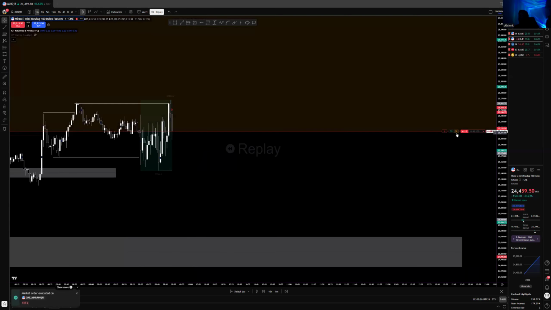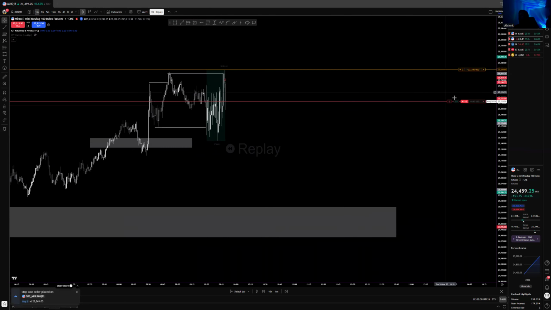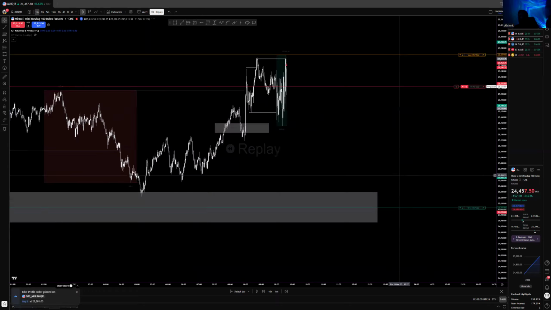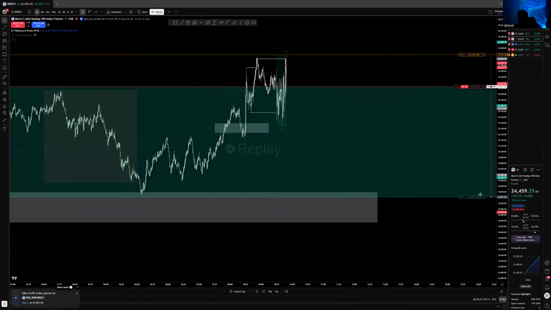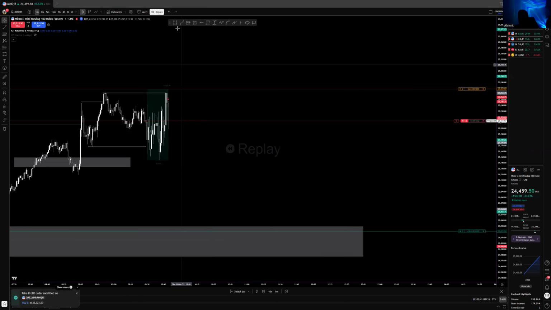Have that as stop loss, and then the target would be this 15, maybe probably London. That's my ideology, and that's what I'm going to follow.